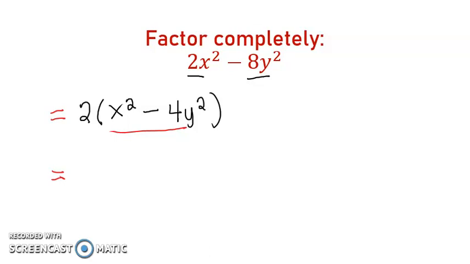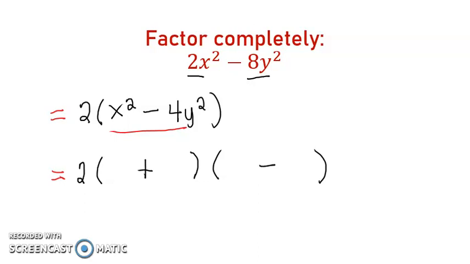Let's not forget this one because this is still part of the factors of 2x squared minus 8y squared. Okay, so we will just copy 2. Then factor x squared minus 4y squared. Expect that we have a sum or difference of two terms. So we have plus and minus.